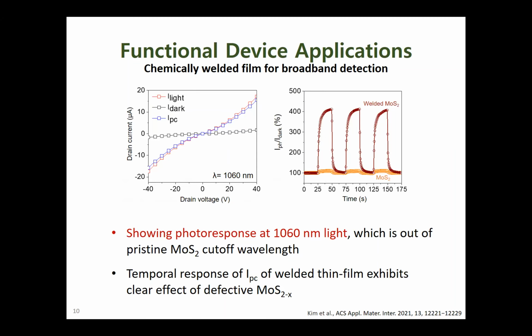This chemically welded film shows photoresponse under NIR range. Also, the time-dependent plot shows clear absorption contrast between welded film and pristine film. Because this wavelength is out of pristine MoS2 cutoff wavelengths, this photoresponse can be explained with the defect-induced functional interface.